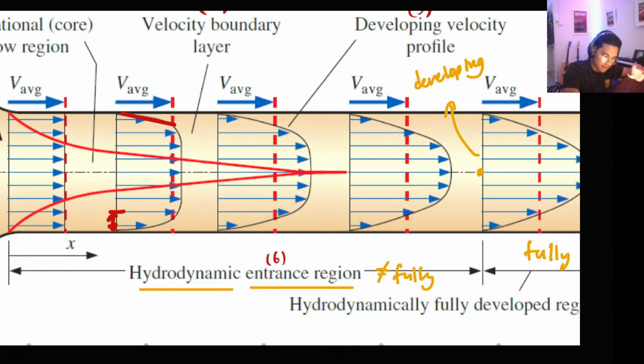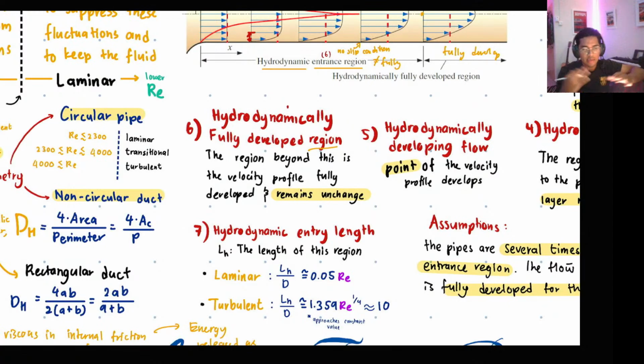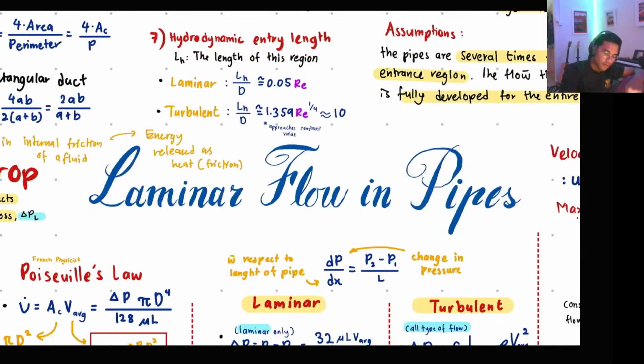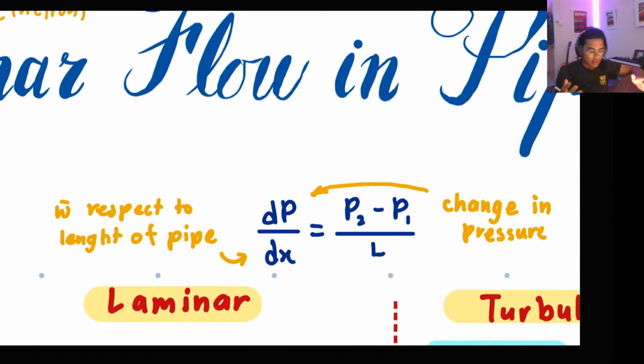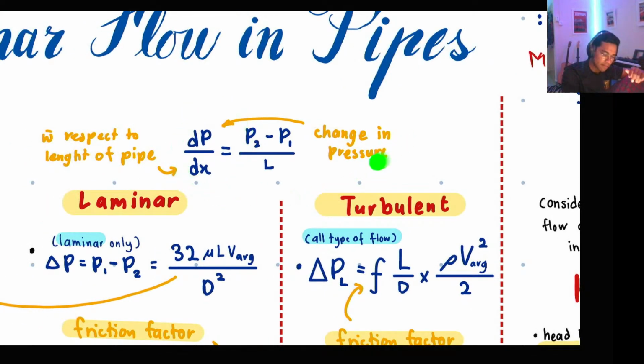From the no slip condition, it generates shear force. That is why the length of the pipe is important to find the pressure drop. So pressure drop is the change in pressure with respect to the length of the pipe.